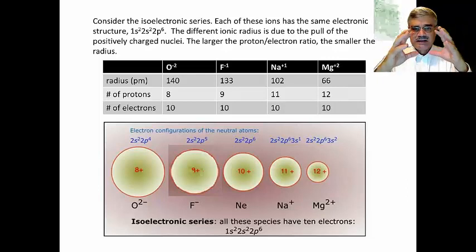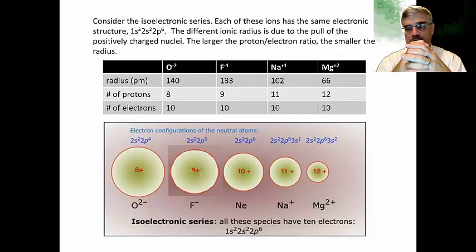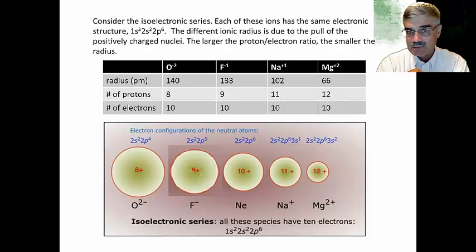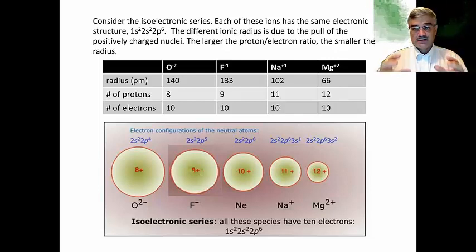That is, in oxide, you have 10 electrons being pulled down by 8 protons. Whereas on the other end of the series, you've got magnesium, 10 electrons being pulled down by 12 protons. So the protons pull those electrons closer to the nucleus. That is, they sort of draw the orbits in closer to the nucleus so that you have a smaller species.